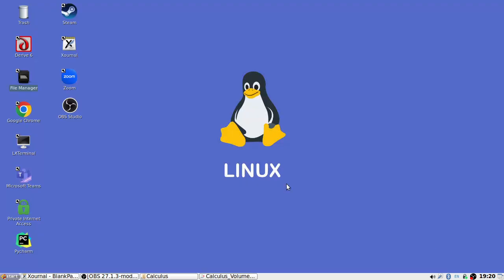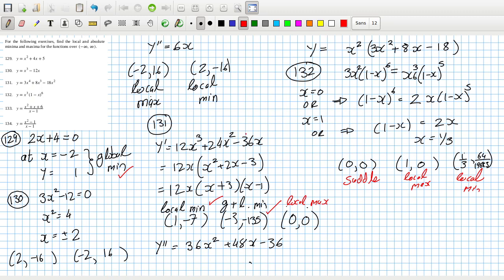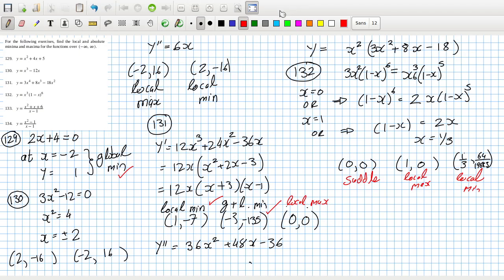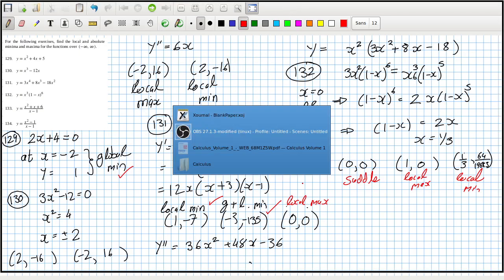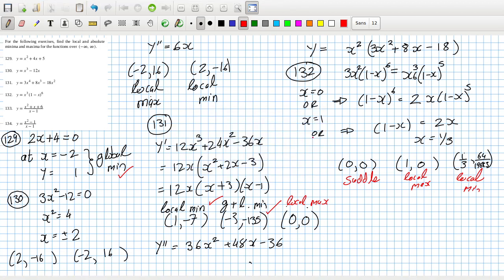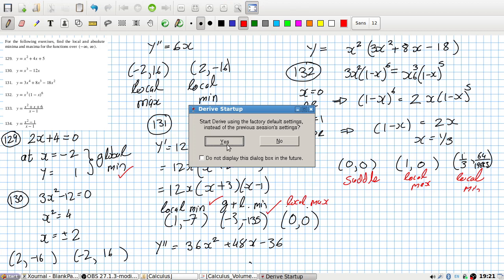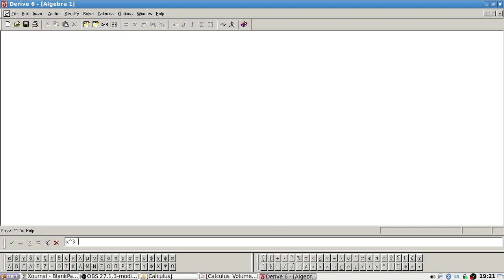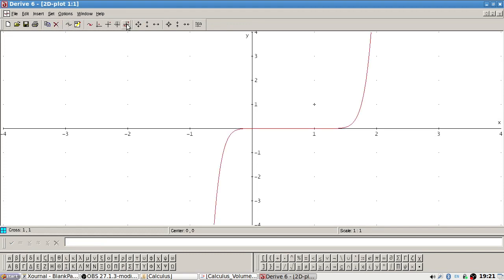Let's see if my intuition was correct. Okay, 0, 0 is a saddle. That was correct.